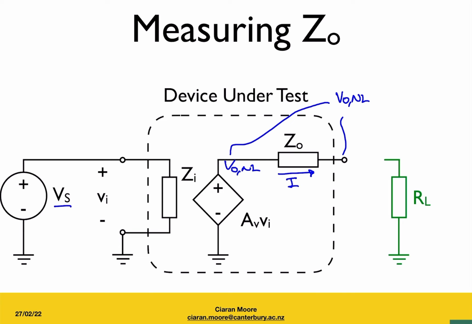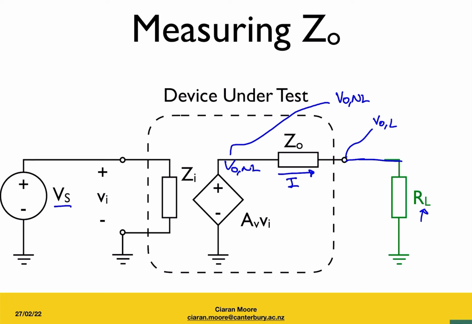Next, we're going to connect a test resistance to our circuit. We'll call it R L for a load, and we're going to remeasure the voltage at the same point, except this time we're going to measure the output voltage with a load connected.